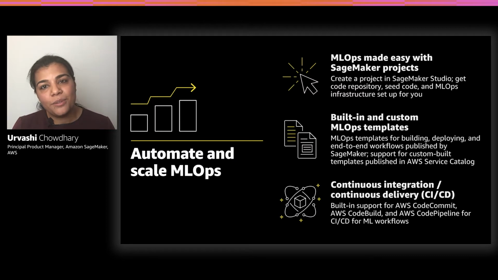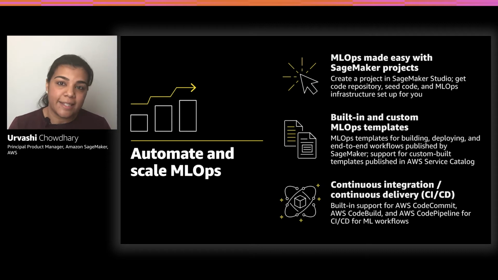If you would like to use custom CI/CD templates, you can also use the SageMaker built-in templates and extend them, or you can write your own custom CI/CD templates using AWS CloudFormation and publish them in Service Catalog. As I mentioned before, Amazon SageMaker Pipelines uses AWS code services to deliver the continuous integration and continuous delivery capabilities.